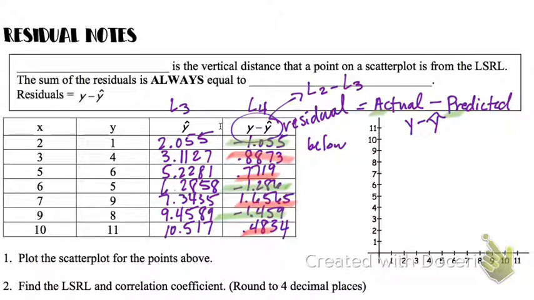Okay, so the next thing that I want to do is create a residual plot, because that's where on your homework they asked you, is the linear model appropriate? Basically, would an LSRL be the right thing to do when finding the relationship or not? We don't know the answer to that just based on our correlation coefficient.